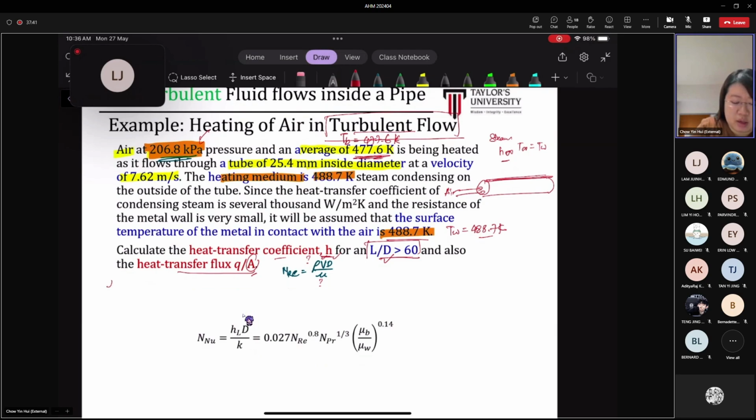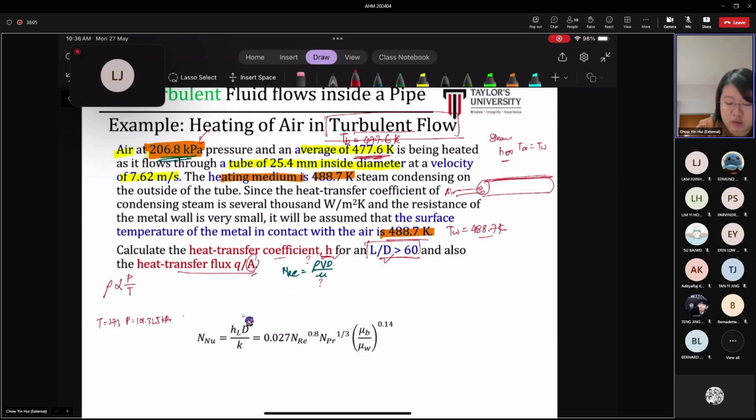The density is proportional to pressure, but inversely proportional to temperature. So let's consider the standard condition, when temperature is at 273 and pressure is at 101.325. We need to check the value of the density.